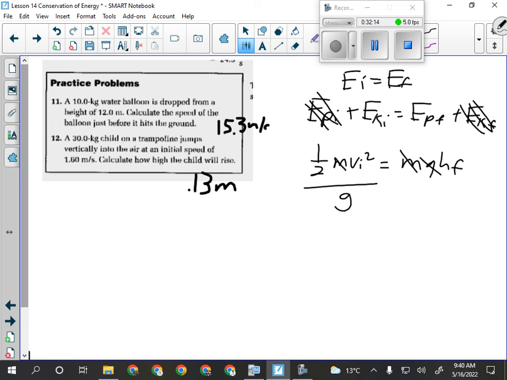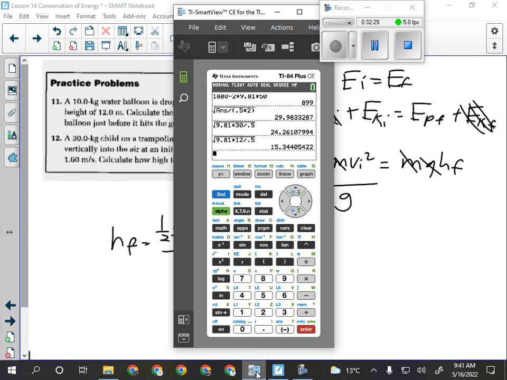That'll leave me with hf. So hf will be 1/2 times 1.6 squared divided by 9.81. We're going to get 0.13 there, but put it all in: 0.5 times 1.6 squared divided by 9.81. 0.13 meters. About that far.